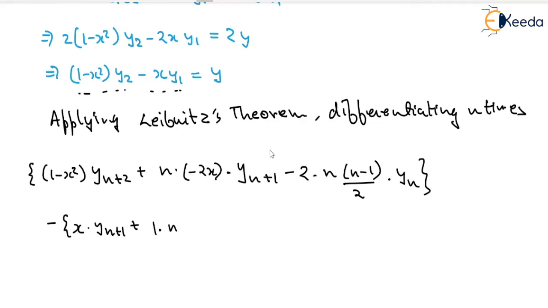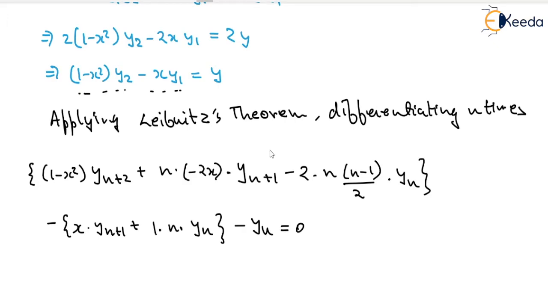So 1 into n into yn, because this is n minus 1th derivative of y1. So that is n minus 1 plus 1 equal to yn. And on the other side, y can be taken on the same side and becomes minus yn equal to 0.